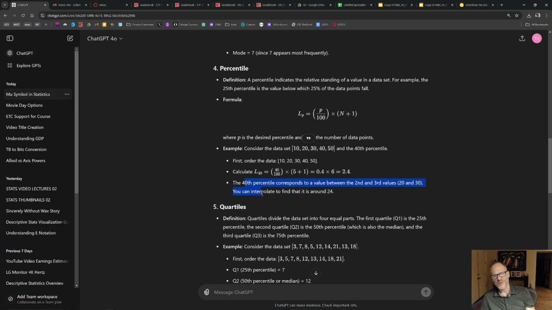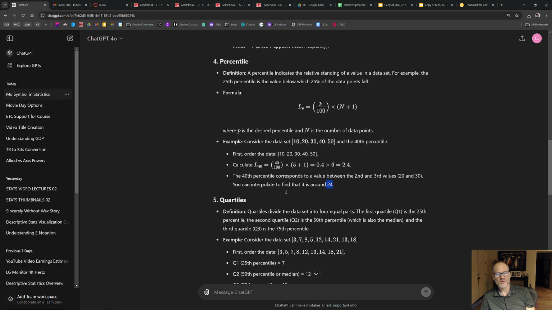What I just did there is called interpolation. So 2.4 is 40% of the way between the second data point and the third data point, and I could interpolate what that means, and it means it's 24. So that's how you do the percentile.